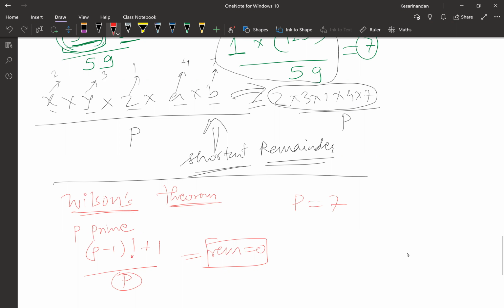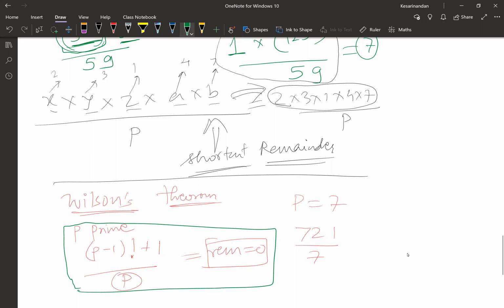Now what is 6 factorial? 720. So 720 plus 1 would be 721. Now try dividing 721 by 7 and see what is left. Remainder 0. So this proves it. This is your Wilson's theorem, and it will be required when you have something of this format.